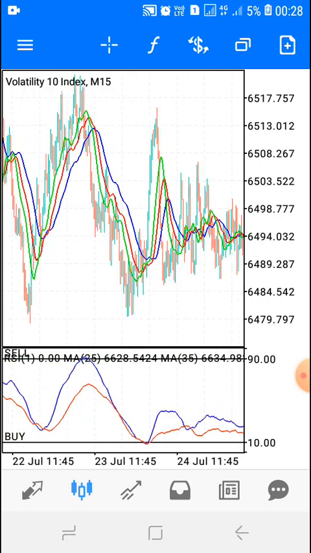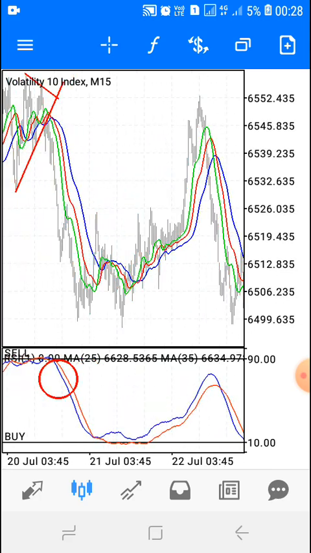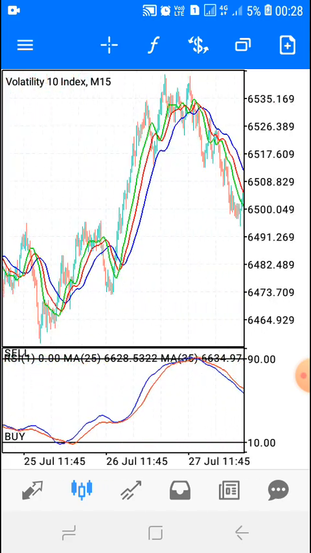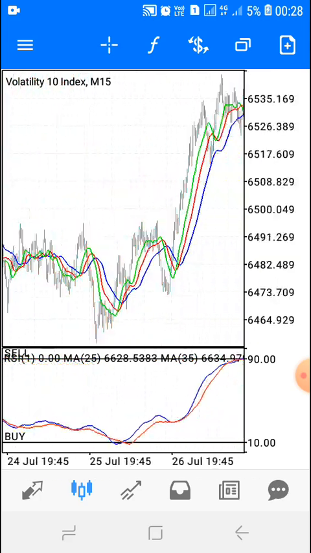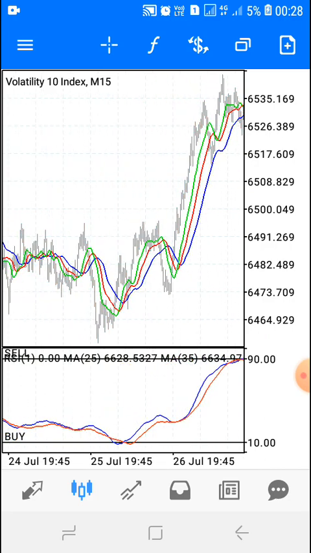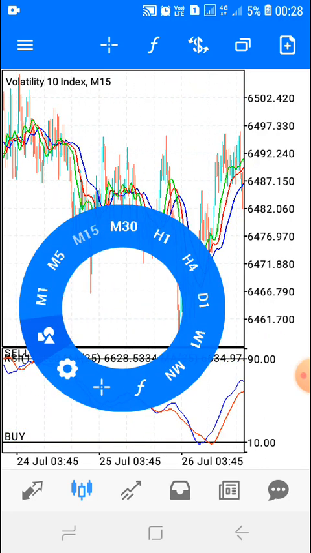We see another entry. Let me just zoom out. You make sure the chart is zoomed out completely, okay? Like this.